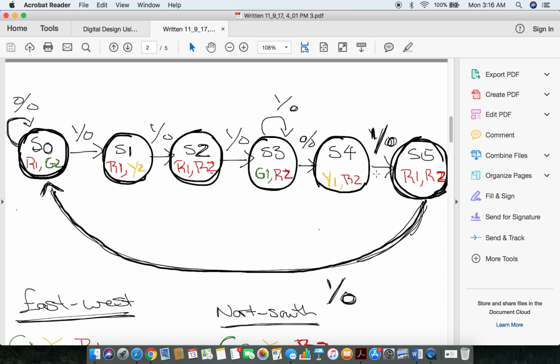At state four, whether you get a one or a zero, it doesn't matter. Both lights are still red. At state five, both lights are red, and whether you get a one or a zero, it goes to state one, where one light is red and the other is green.